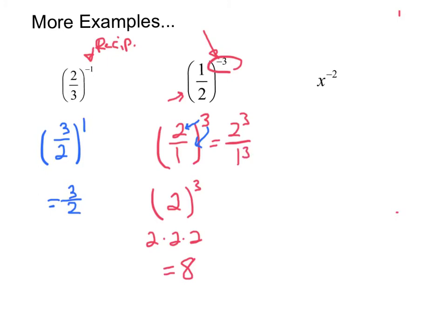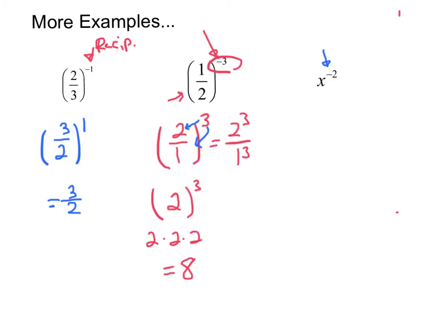Now finally, we have an example that doesn't have any numbers in it other than our exponent. So we have x to the power of negative 2. If we think back at our last examples, what is the reciprocal of x? We know we need to take the reciprocal because we have a negative exponent.